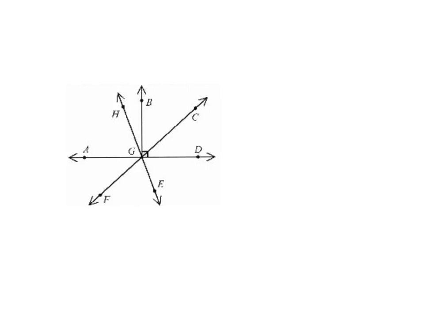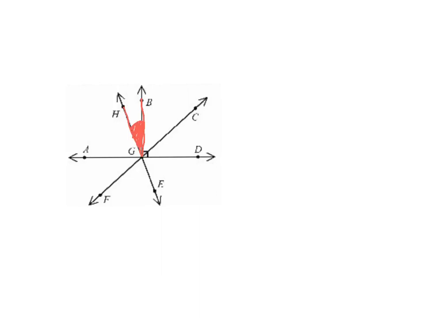So now we're going to see if we can identify some adjacent angles. So I'm just going to pick any angle to start with. Let's do angle HGB, so this angle right here. If I'm looking for something that is adjacent to it, I'm looking for something that shares a common side. So there's actually two options because there's one on either side of this angle.